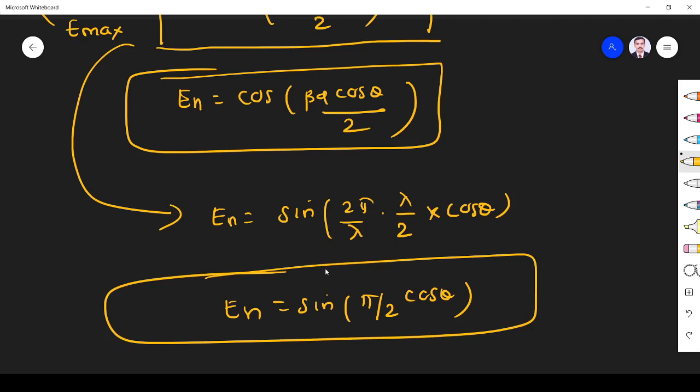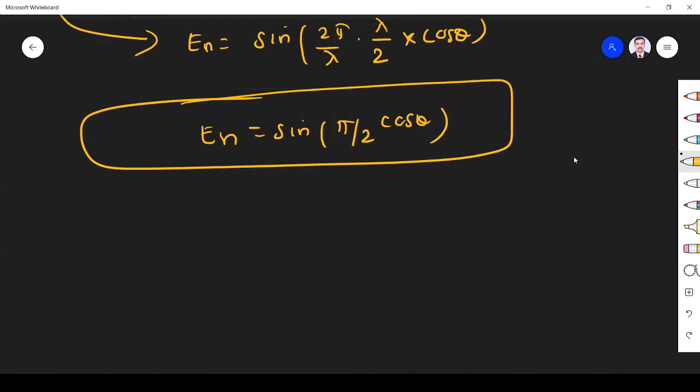Right? Okay, so now we draw the diagram. What will happen when you substitute the theta value in En? At theta 0, cos 0 is 1, sin pi by 2 is 1. When theta is pi by 2, cos pi by 2 is 0, sin 0 is 0. At 180, cos 180 is minus 1, sin of minus pi by 2 is minus 1.